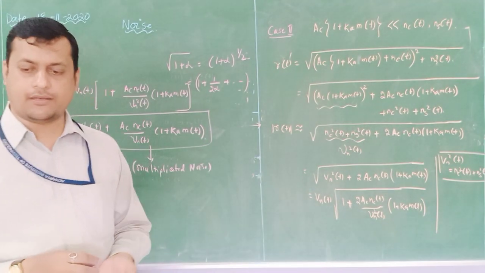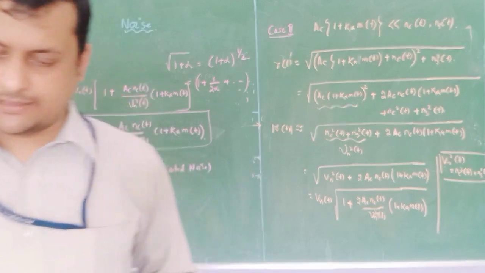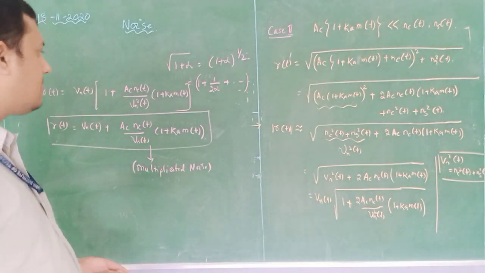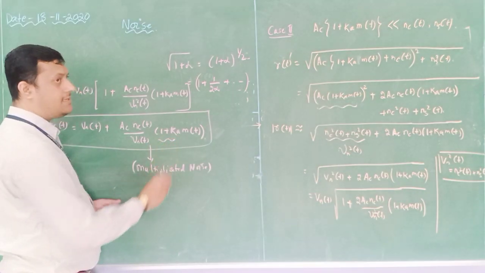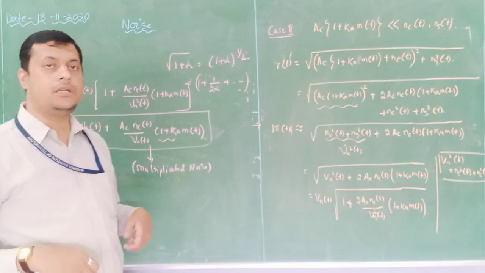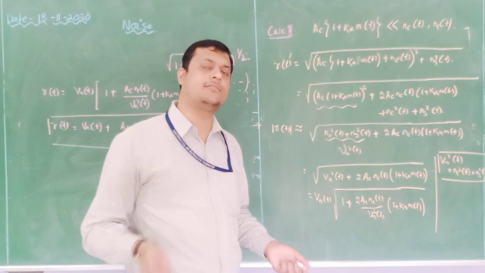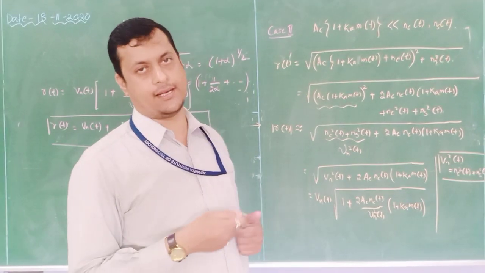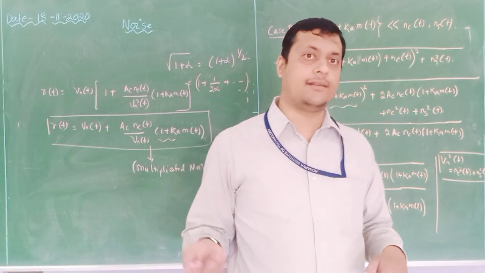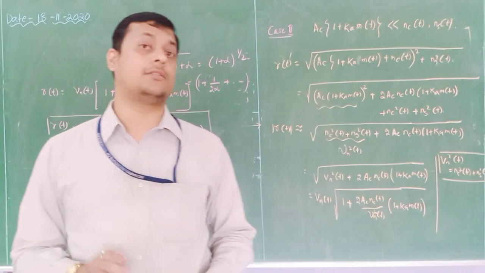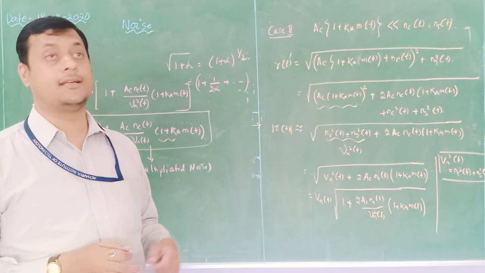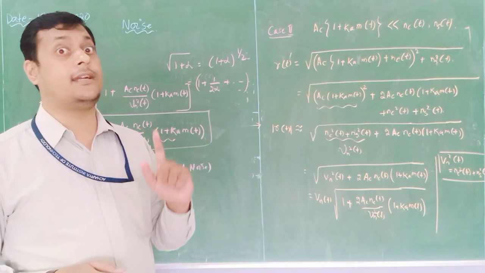So what will be our conclusion? Our conclusion is that the signal and noise are not comparable. The noise component is high and the signal value is low, due to which the signal to noise ratio will be less than 1. If the signal to noise ratio is less than 1, you cannot extract the modulating signal. So these are the effects of noise with respect to the detection method.